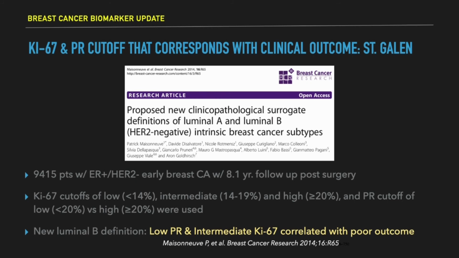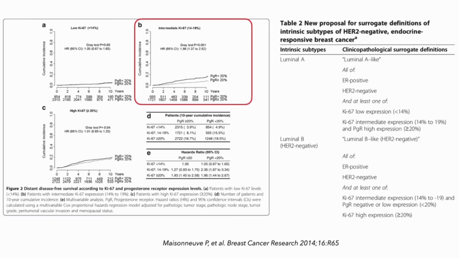We cannot talk about Ki67 status without really talking about its role in differentiating luminal A from luminal B, and there is a very interesting work done by my colleague in Italy, Professor Giuseppe Viale, and his group, stratifying the patients into low luminal A versus luminal B by using a combination of Ki67 and PR score.